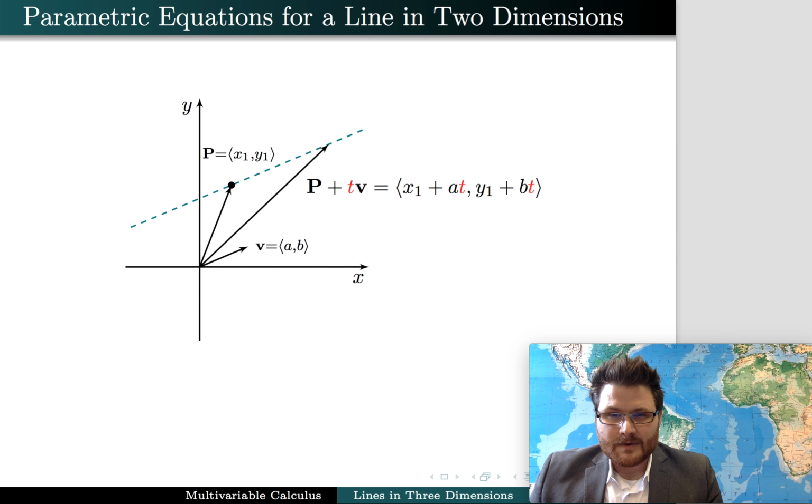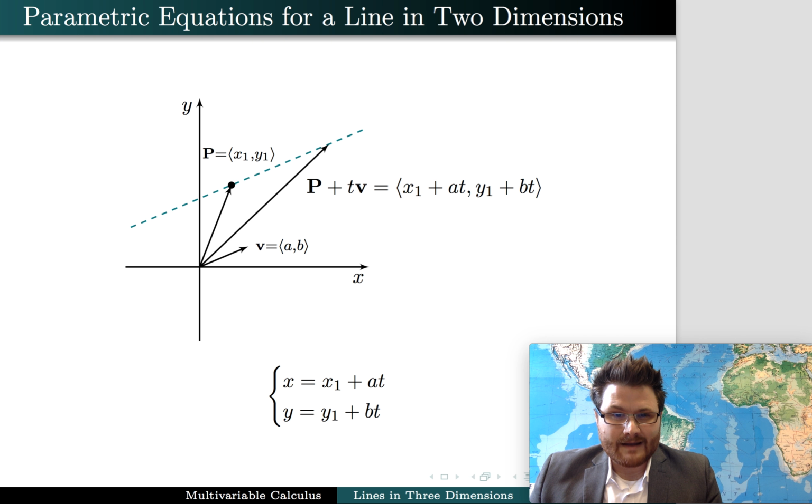And so we can write down the vector whose components get me from the origin to a point on the line. And it's just p plus some scalar multiple of v. We call that scalar t the parameter. So we can get to the parametric equations from here, because since this vector is fixed at the origin, its components are the coordinates of a point on the line.